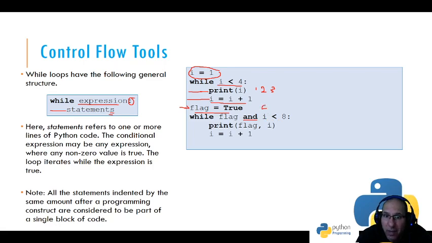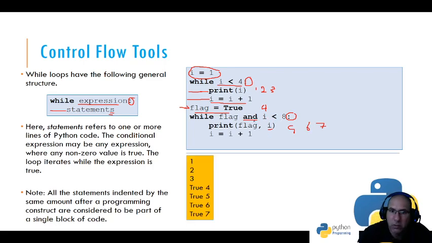So i is 4, I came with i as 1, but inside the loop it was changed to 4, and because it was 4, I exited the while, so I get to this point, and here I get inside the loop. There is a colon here, and there was a colon also up there for that while loop. Print flag, which in this case is true, and the value of i, which is 4, increment i to 5, 6, 7. When it comes to 8, it is not less than 8, so true and false is false, which will get you out of the loop.